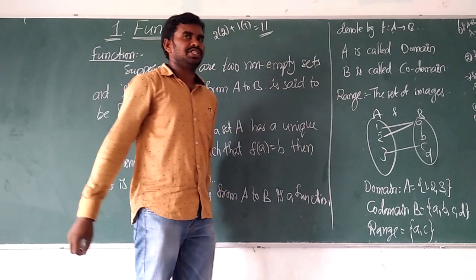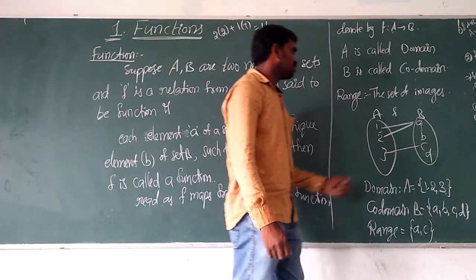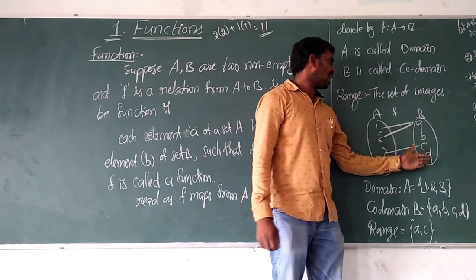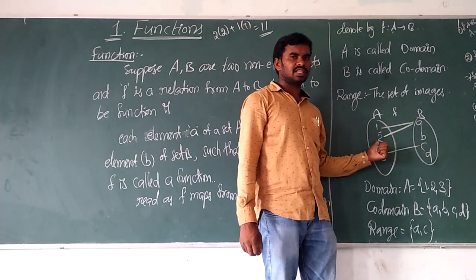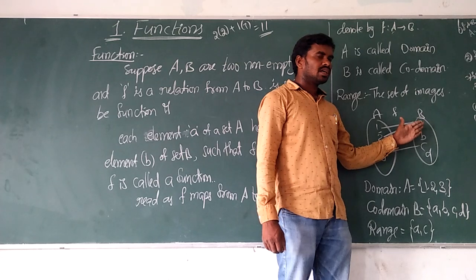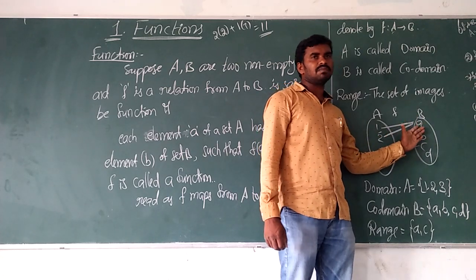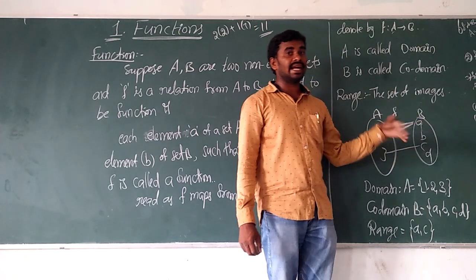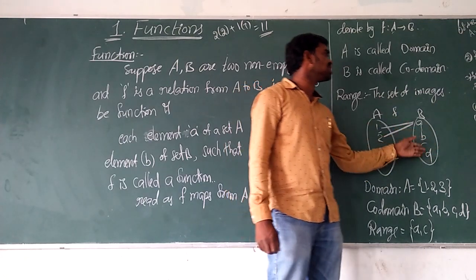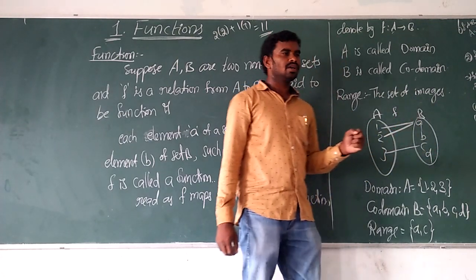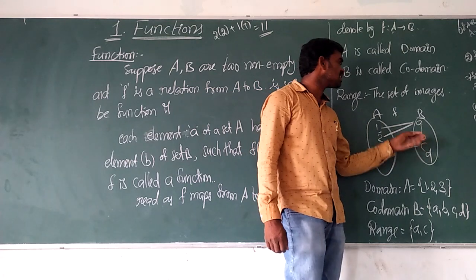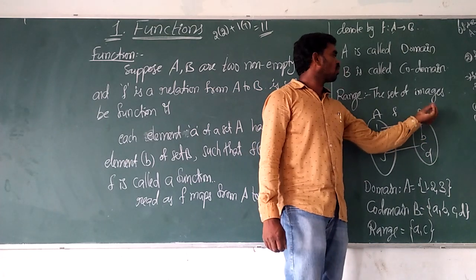That is called range. Sometimes all elements have free images. That means the total codomain becomes the range. So at that time we can say that range is equal to codomain.